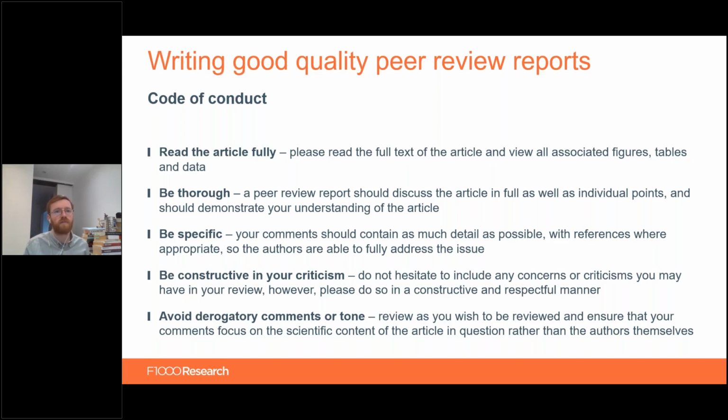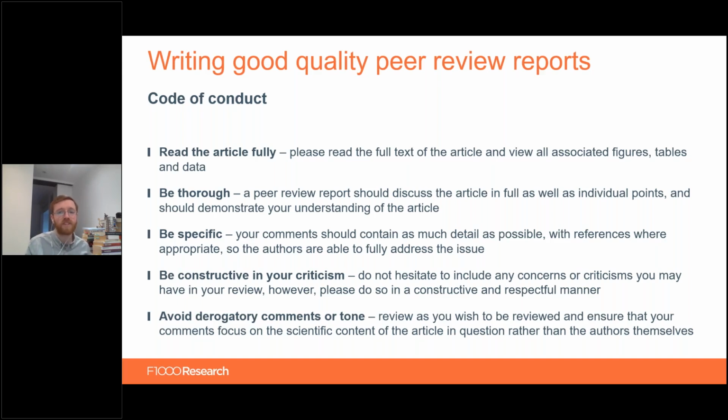So we want peer reviewers, of course, to read the article fully and in their review demonstrate that that's the case by being able to summarize it, provide examples of what they're talking about, be thorough, and discuss the article as thoroughly as possible.